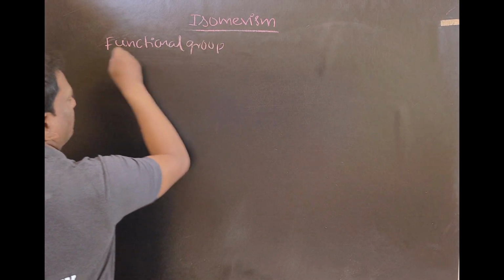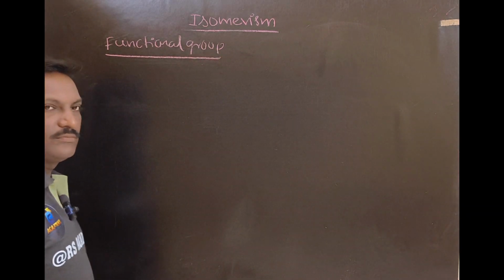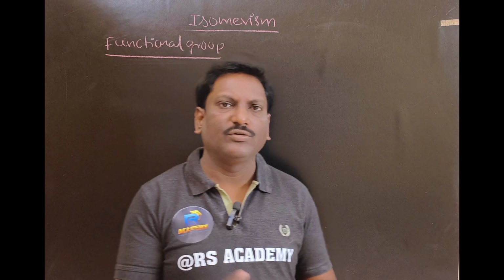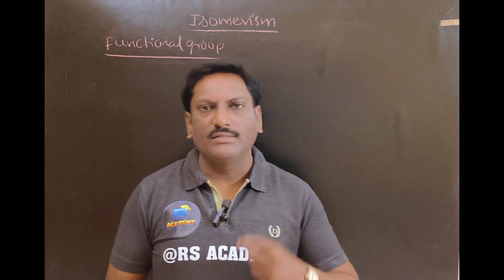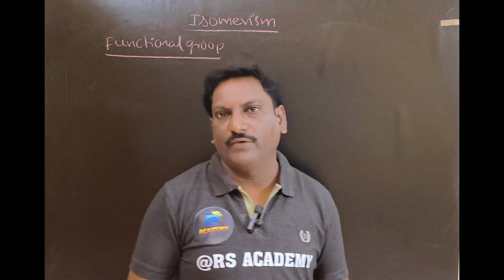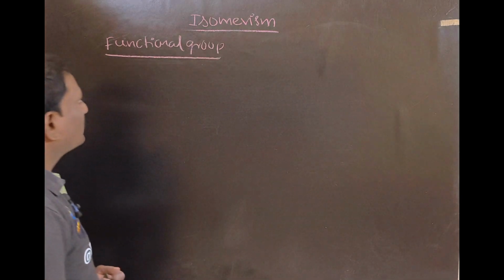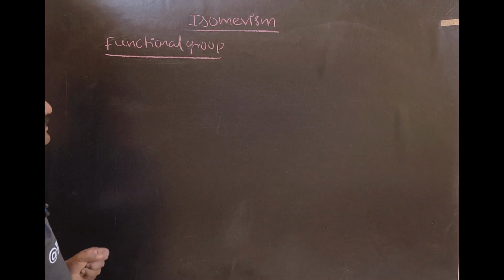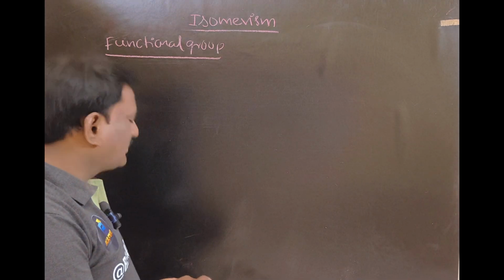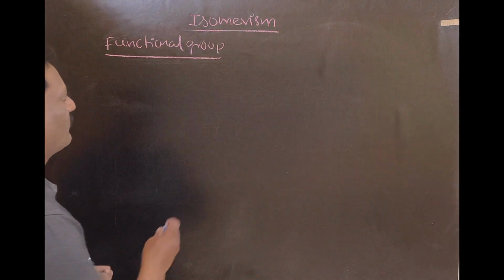Functional group isomerism. Those organic compounds having the same molecular formula but different functional groups are called functional group isomers. This phenomenon is called functional group isomerism. For example, listen carefully.